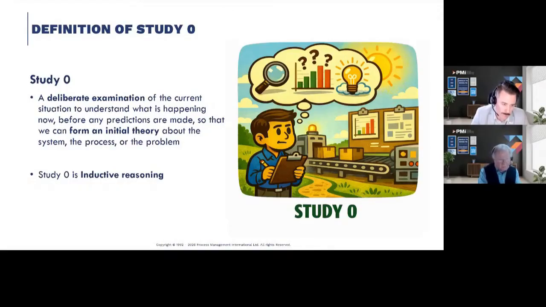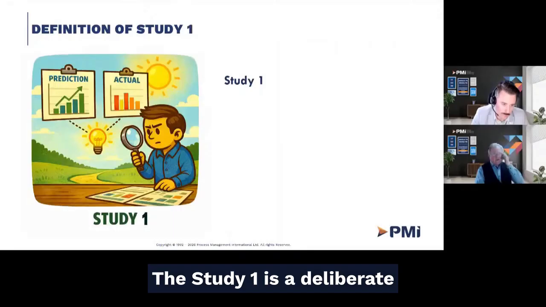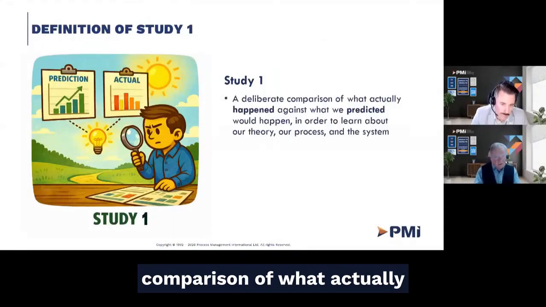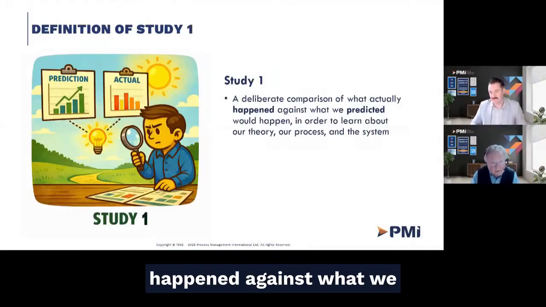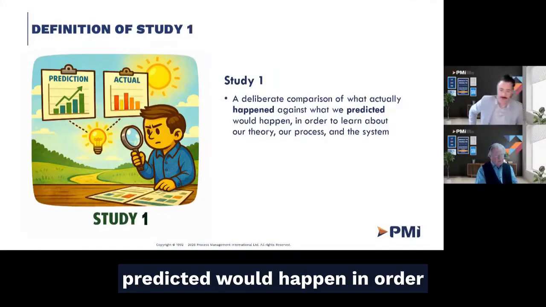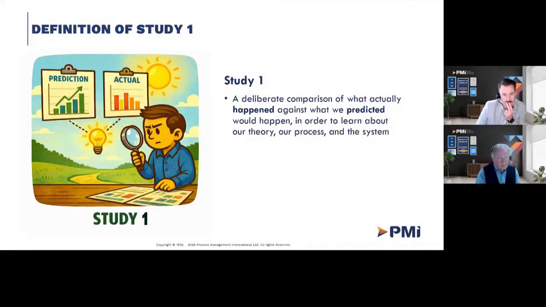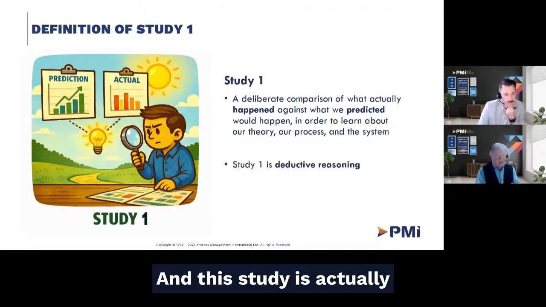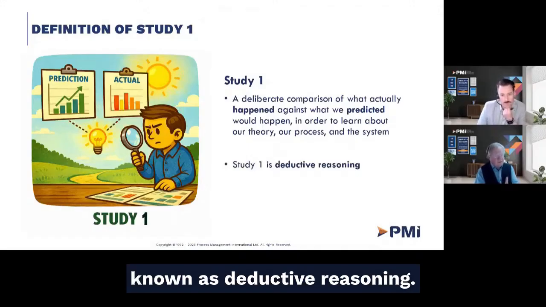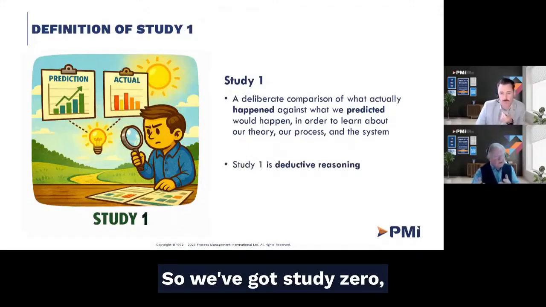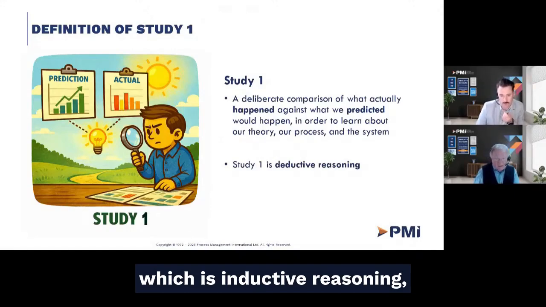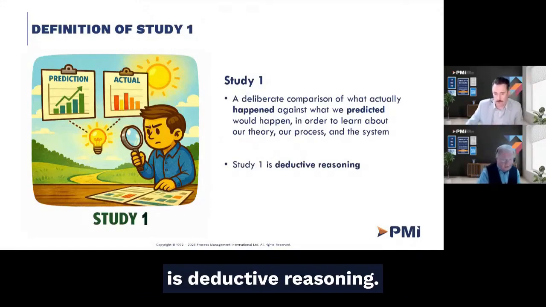That's study zero. Study one is a deliberate comparison of what actually happened against what we predicted would happen, in order to learn about our theory, our process, or our system. And this study is actually known as deductive reasoning. So we've got study zero, which is inductive reasoning, and study one, which is deductive reasoning.